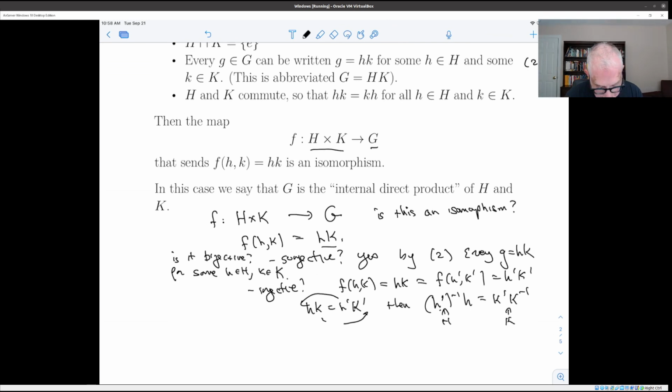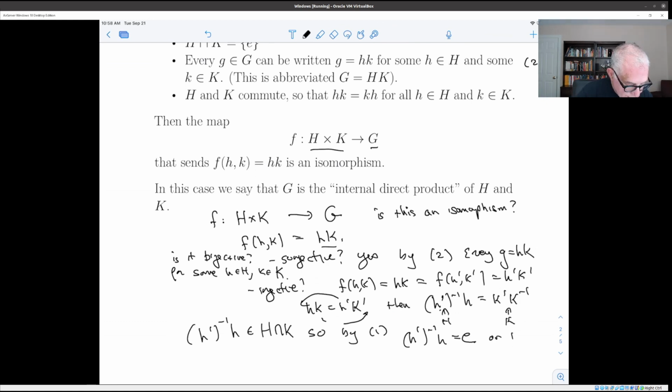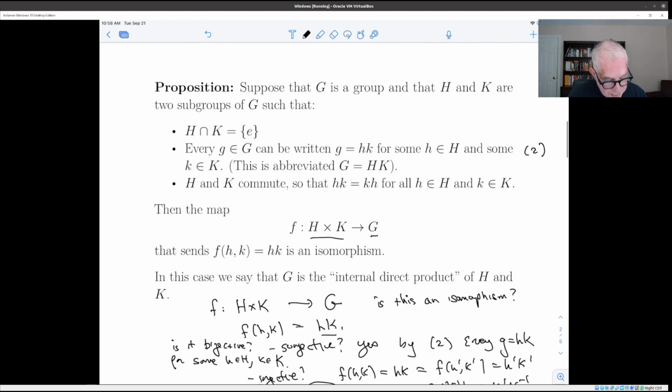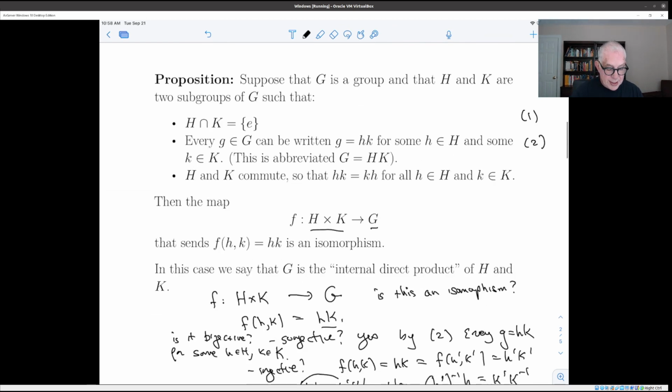So this element, h' inverse h, must belong to the intersection of H and K, and by 1, that tells us that h' inverse h is the identity, or h equals h', and similarly, k' k inverse is the identity in K, so k equals k'. And that tells you that F is injective.